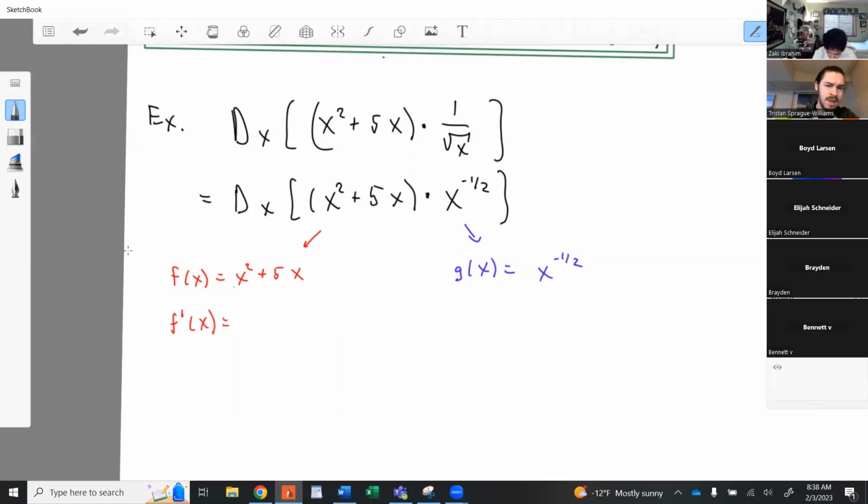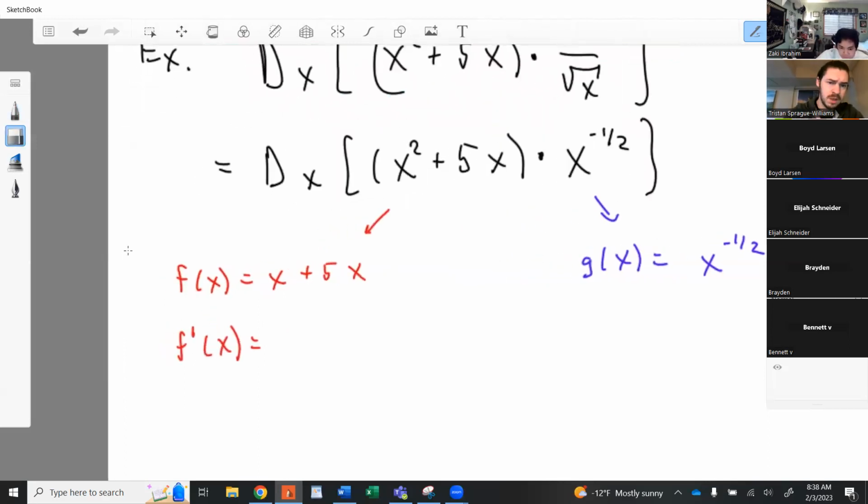F prime, if I differentiate this, take a moment to see if you can do the derivative of this. Nice quick derivative, x squared plus 5x.